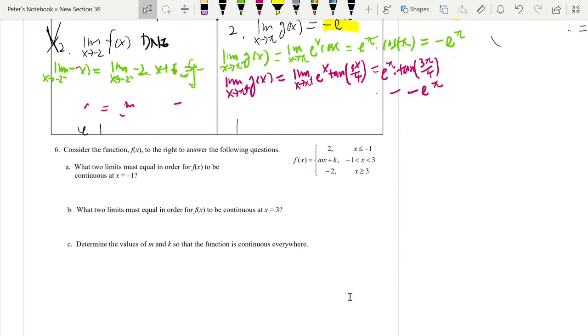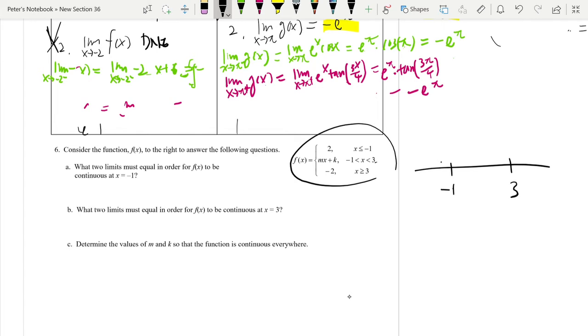All right, consider the function f of x to the right to answer the following question. So we do have a piecewise function. So you can kind of think about this before you draw anything. Maybe there's a -1, then 3. So there might be a disconnect, right? Or it might be continuous. We gotta figure it out.